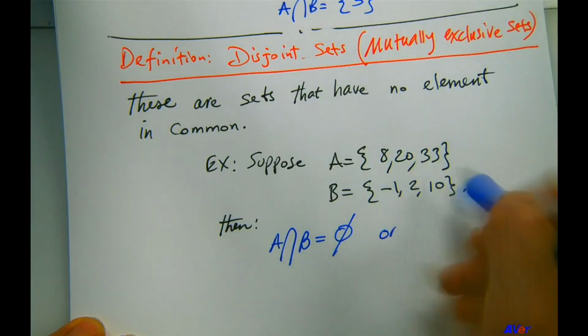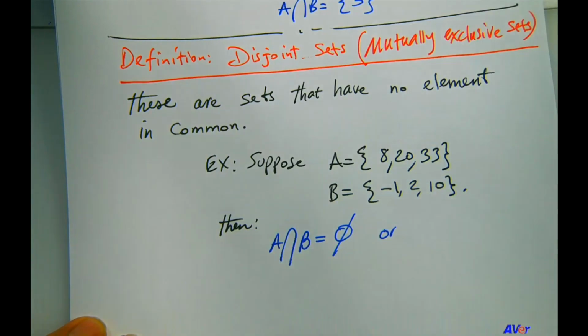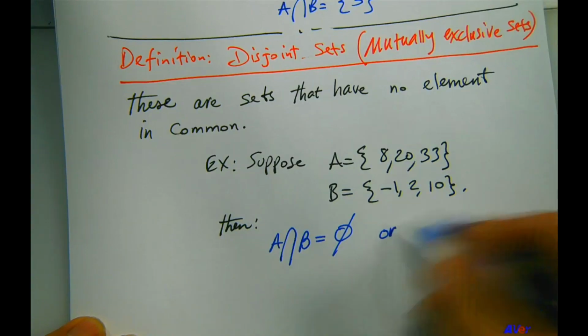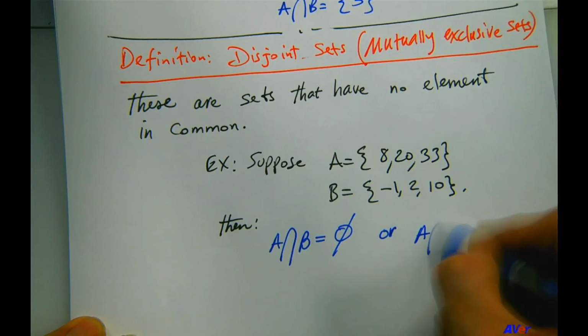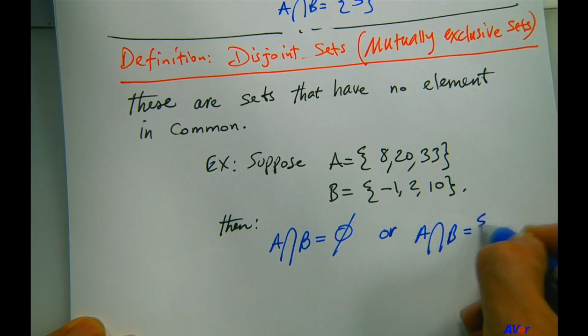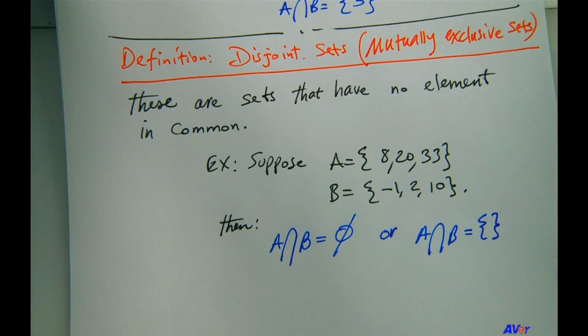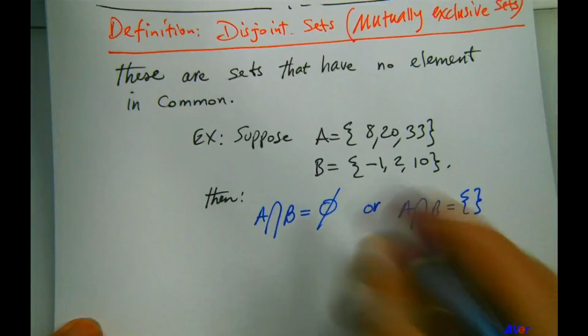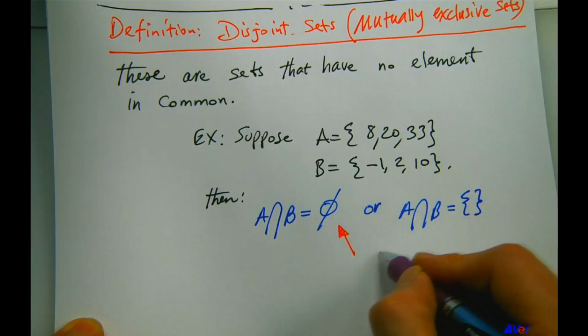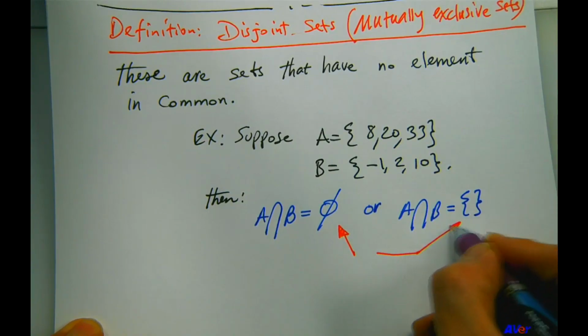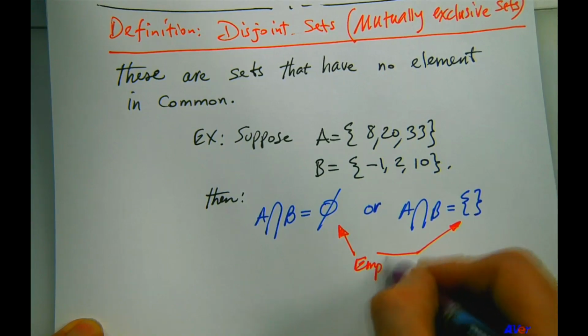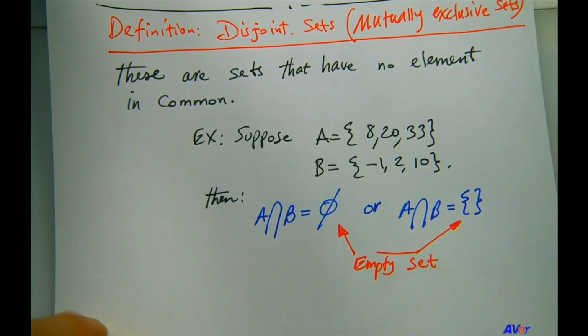Right? They have nothing in common. So A intersection B is, well, there's nothing. The empty set, not 0, but the empty set. Okay? Let me just remind you that those two notations refer to the empty set. Okay? Because those two sets have nothing in common. These are disjoint sets. Okay.